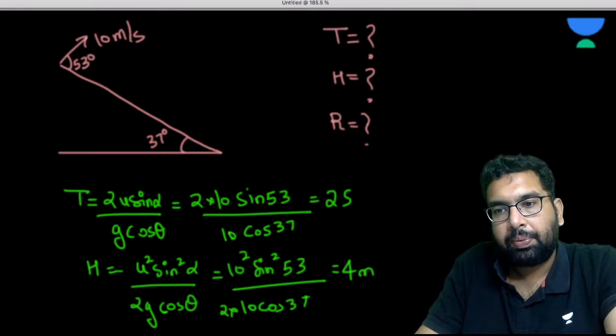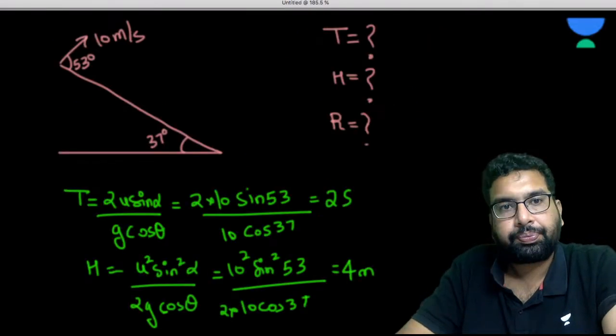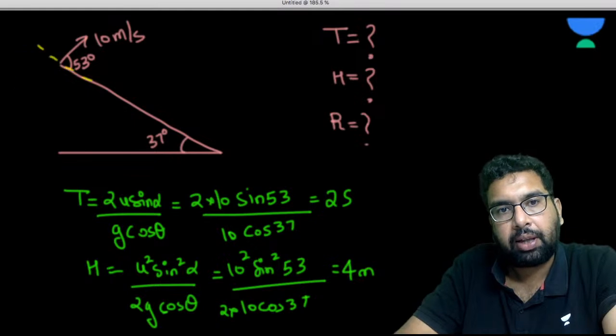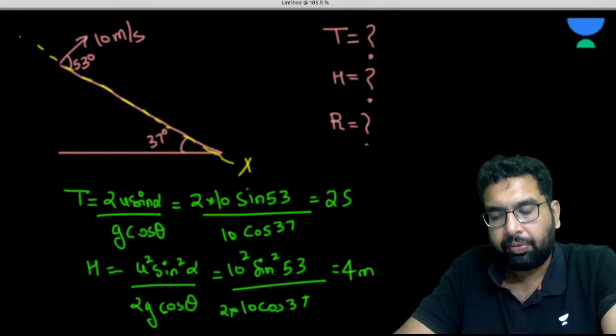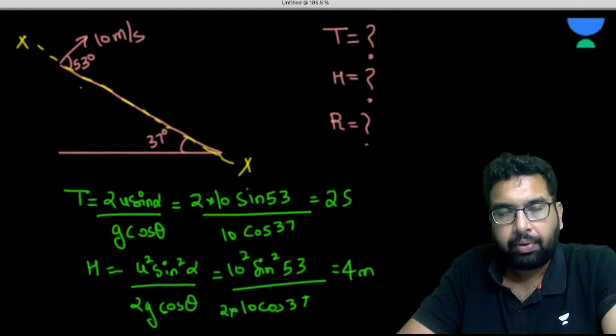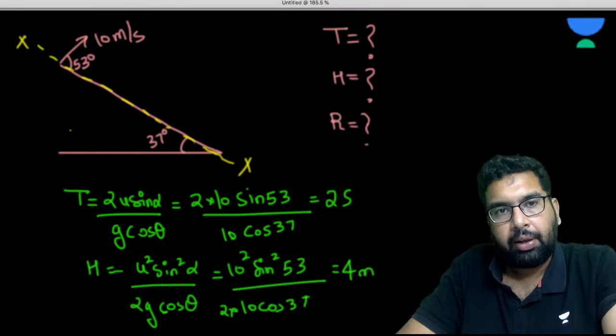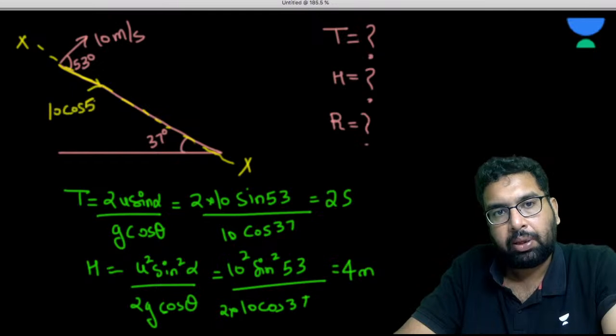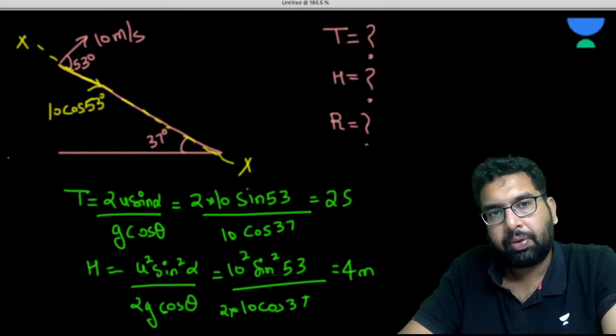I'll tell you. See, this is our x now, beta. This is the x we have considered now. Now, if this is 53, what is the component of it in x direction? This is 10 cos 53. This is our x now.